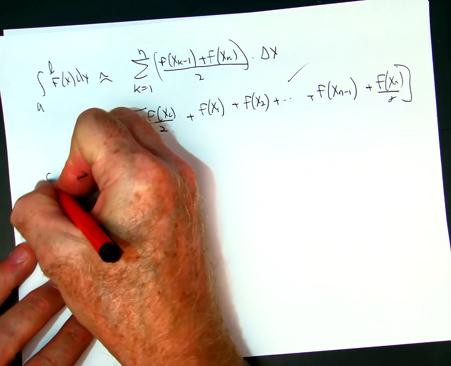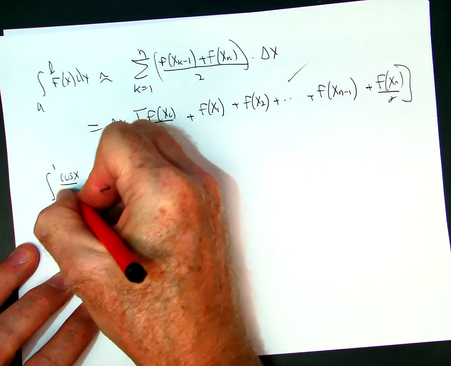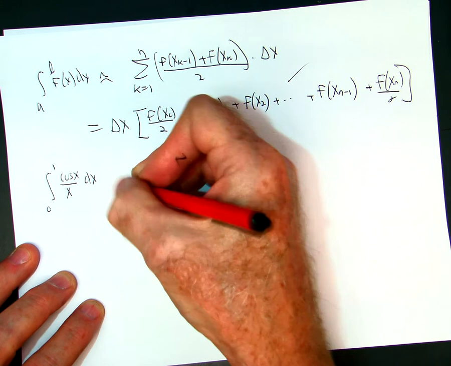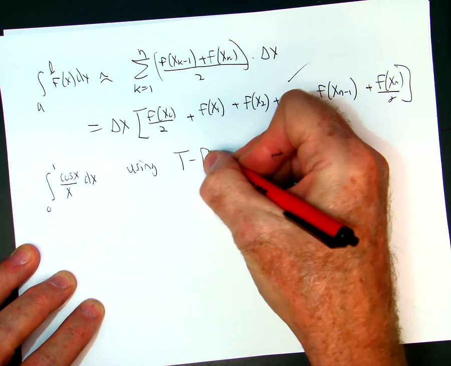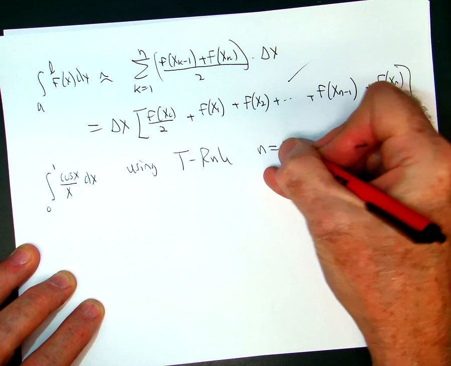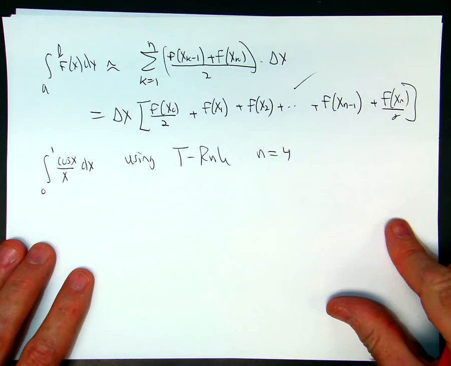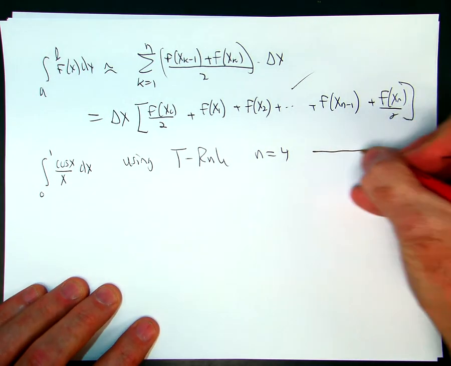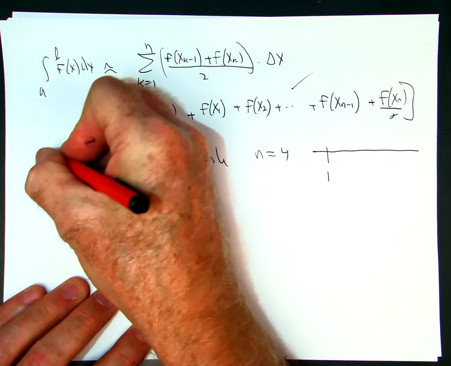So what I'm going to do is the same problem we did in class. Using the trapezoid rule, n equal to 4. Okay, sorry I twisted that. So I'm going to do what I did before. The integral, I'm sorry, that's 1 to 2.